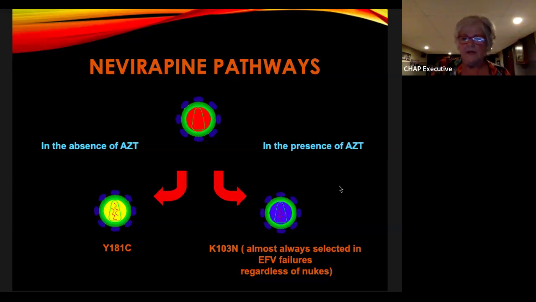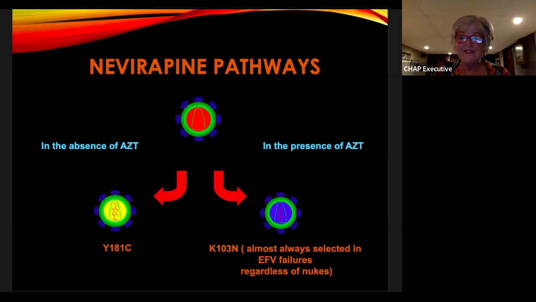If the resistance had been solely reflecting the nevirapine pressure without AZT, you would expect that NNRTI mutation. An explanation for this is that Y181C sensitizes the virus to thymidines. So, in the presence of AZT, this would not be an advantageous path for the virus to take. That's a little bit of trivia, may not be relevant to you, but I found that kind of interesting.